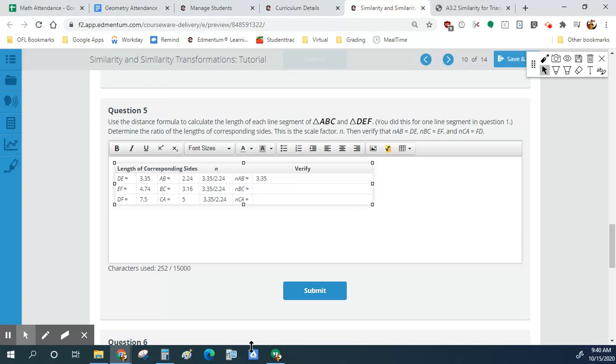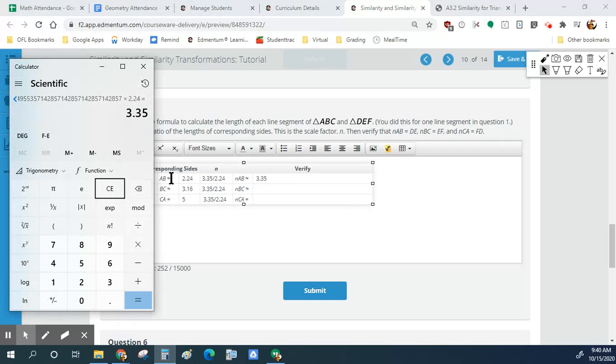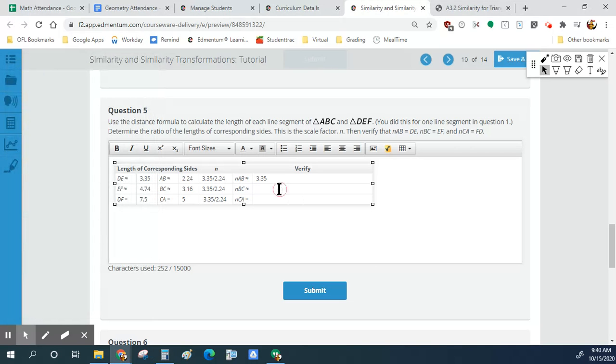The next thing I'm going to do is take my 3.16, 3.16 times 3.35, and I'm going to divide that by 2.24, and I get about 4.73.